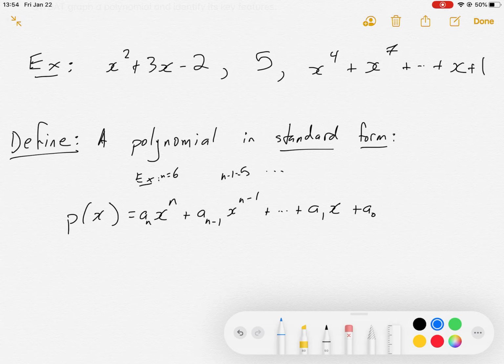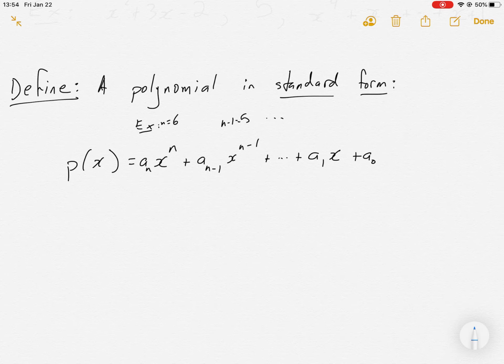Okay, a couple of key points in this. These a's, so a sub n minus 1, etc., are called coefficients. There's another definition.